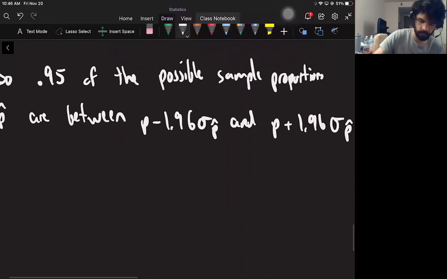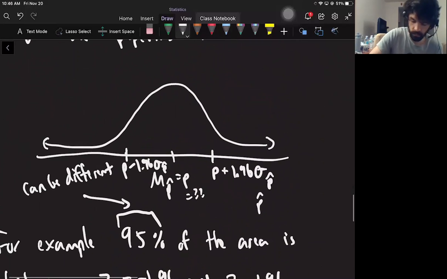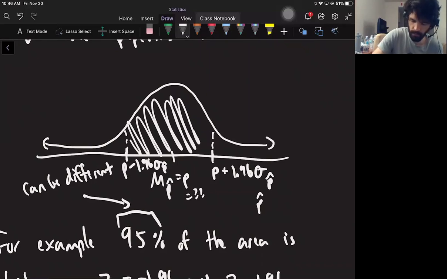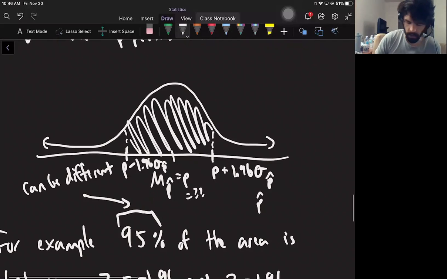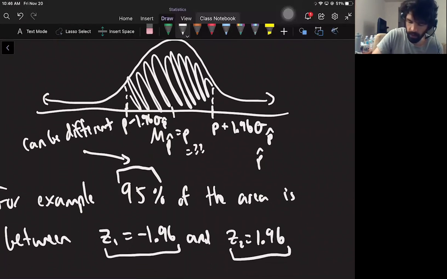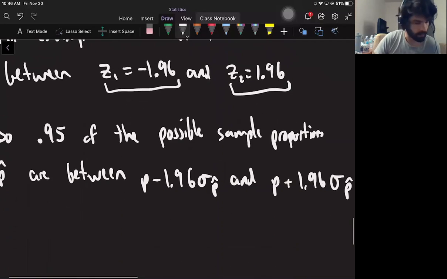And that's again because 95% of the area is between those two things. It's probably a little bit wider actually, but whatever. So just a drawing. It's probably about there maybe. Okay, good.